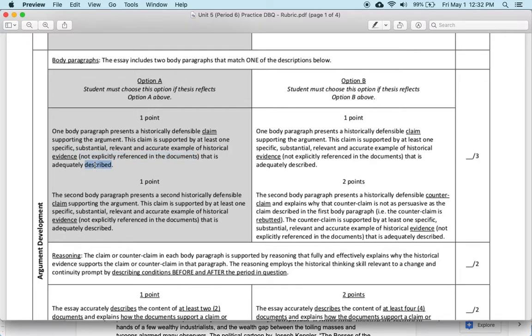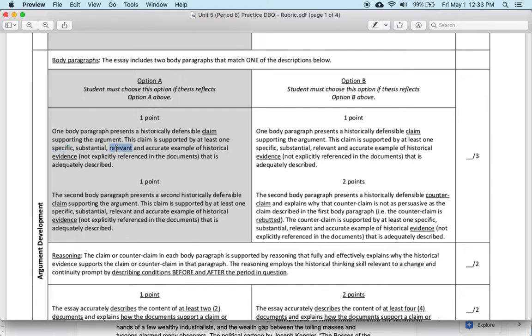So specific. John Rockefeller, Standard Oil, J.P. Morgan, U.S. Steel, Jay Gould. These names of people, names of businesses or other organizations, laws that were passed or not passed, and other major events like that. As specific as you can get, that's what's going to count for evidence.